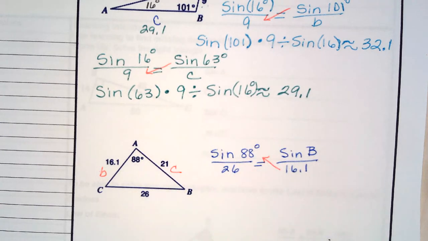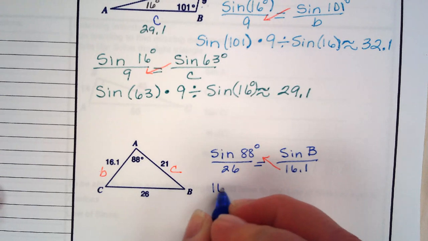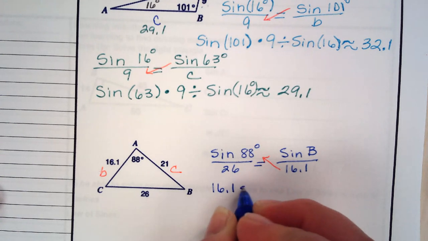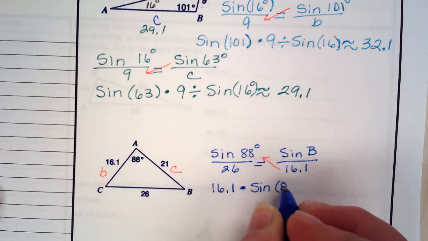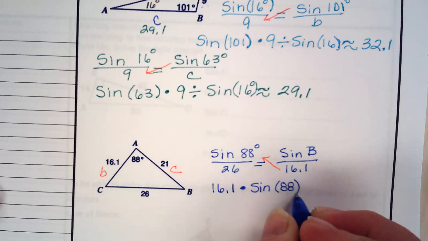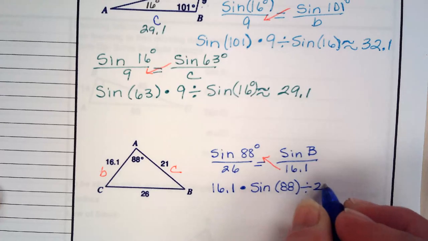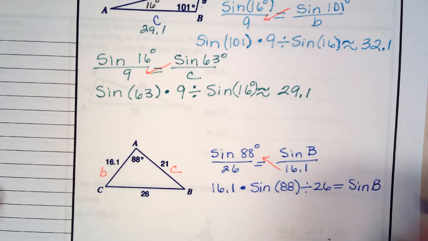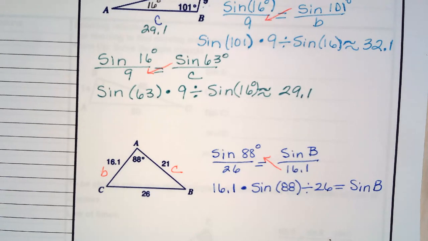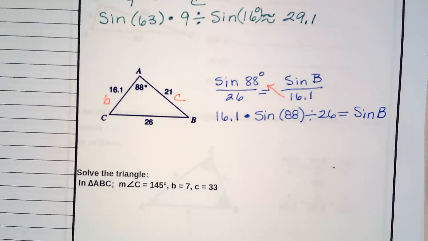Multiply and then divide. So 16.1 times the sine of 88, remember that'll be in parentheses, close it off, divided by 26 is equal to the sine of B. Now, once we find that number, to find an angle measure, what do we use? That inverse.